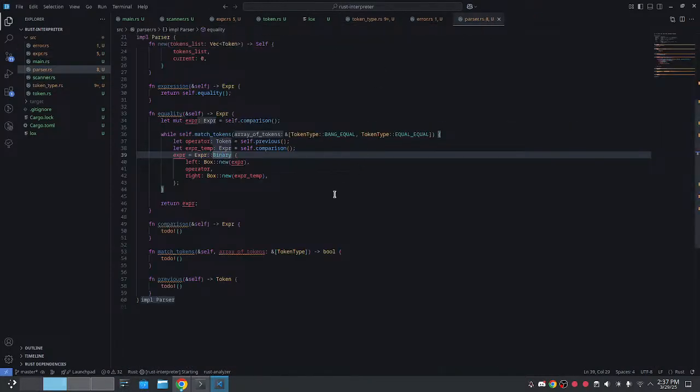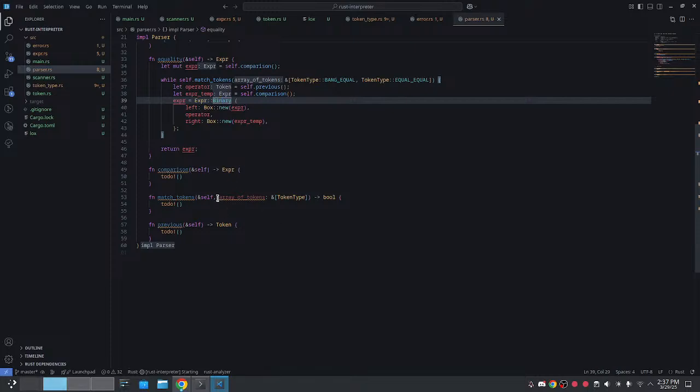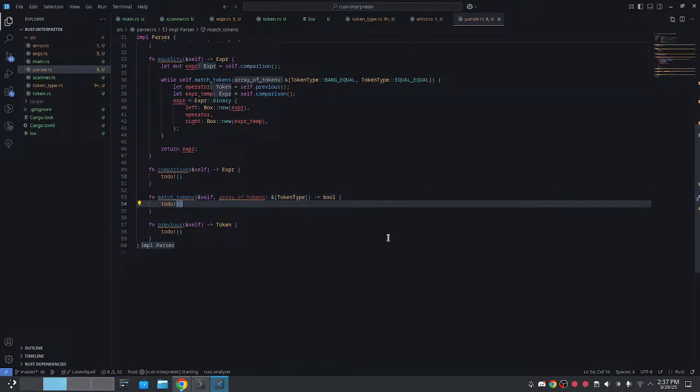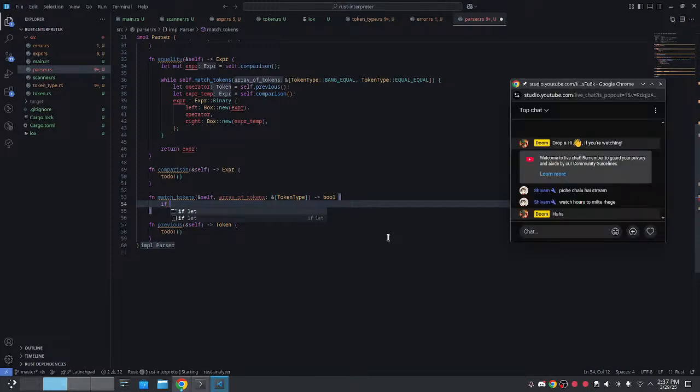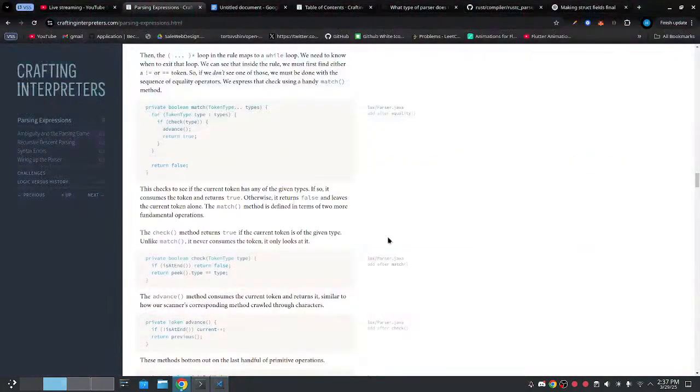So we were at match tokens. Now what we need to peek the, mm.